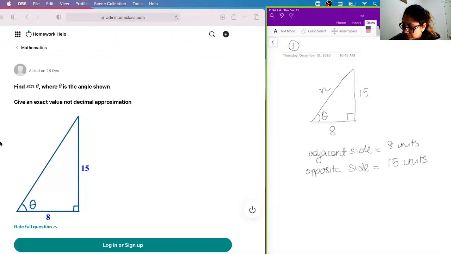Given these two sides, by the Pythagorean theorem, we can write out the formula here.